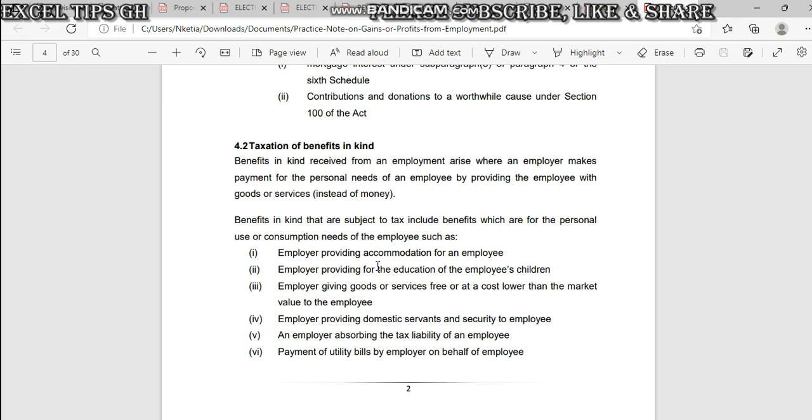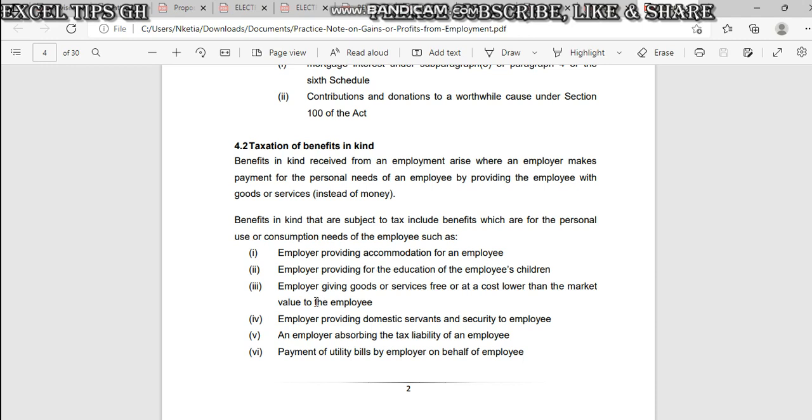With that one, we have dealt with it. And then an employer providing for the education of the employee's children. That one, the value of the employee's children's fees is to be added back and then taxed.